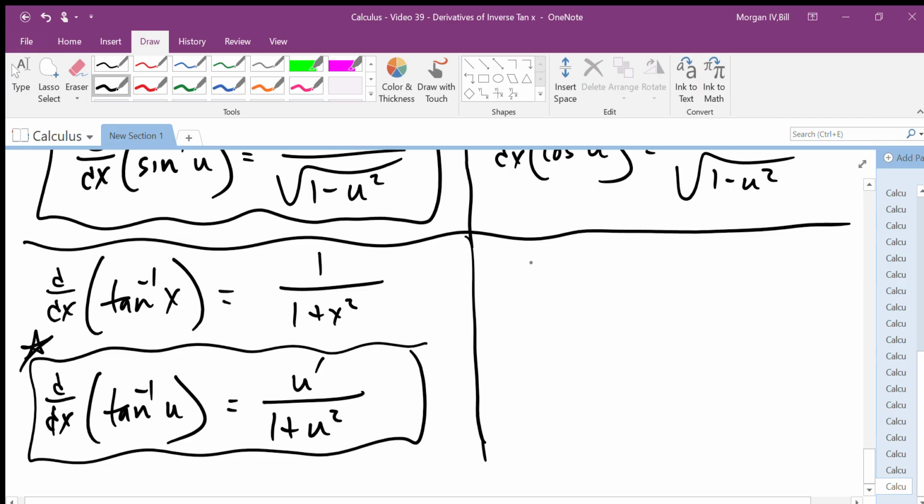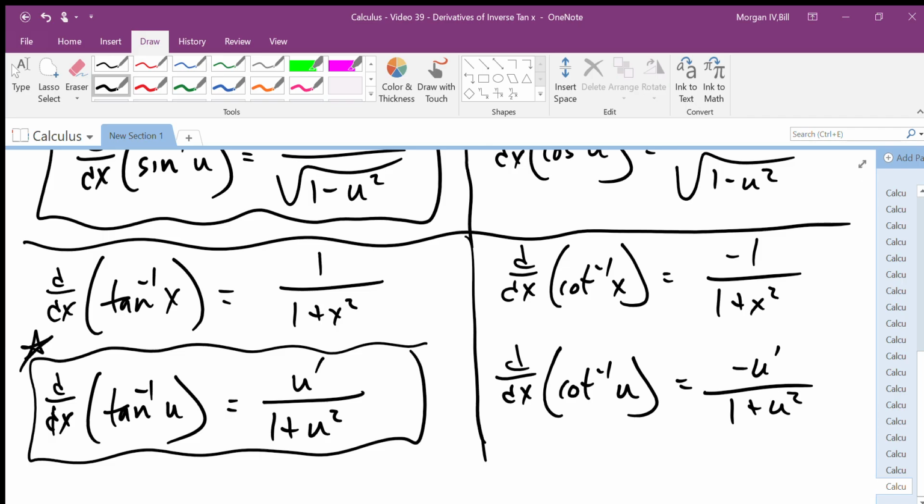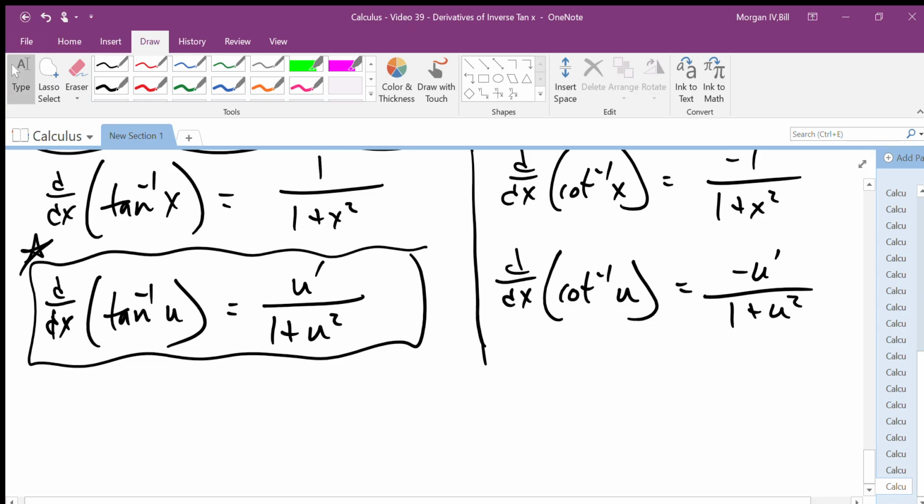Similarly, the derivative of the inverse cotangent of x is negative 1 over 1 plus x squared. Whereas the derivative of the inverse cotangent of u is negative u prime over 1 plus u squared. Okay, so in other words, the derivative of inverse cotangent of u is the negative version of the derivative of inverse tangent of u. We use the derivative of inverse tangent of u much more often. It's the positive version. Okay, so out of the four, know that one.